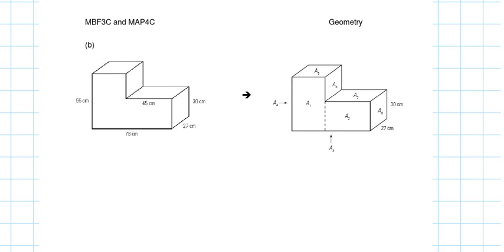Right. So we have A1, which is this. How many A1s do I have? 2. Right? So I have 2A1. How many A2s do I have? 2. How many A3 do I have? 1, because the top is not the same, right? How many A4s do I have? 1. How many A5s do I have? 1.